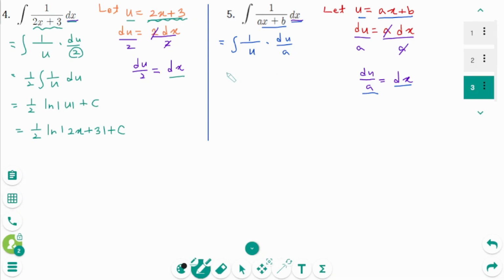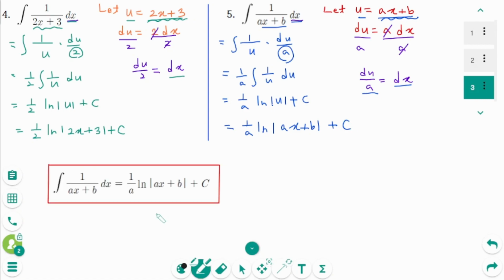We can rewrite as 1 over a times the integral of 1 over u du, which equals 1 over a ln absolute value of u plus c, which equals 1 over a ln absolute value of ax plus b plus c. If the denominator of the rational expression is a linear expression, simply integrate with ln.